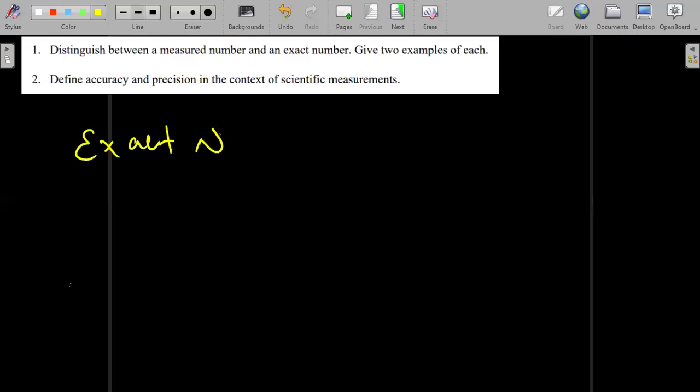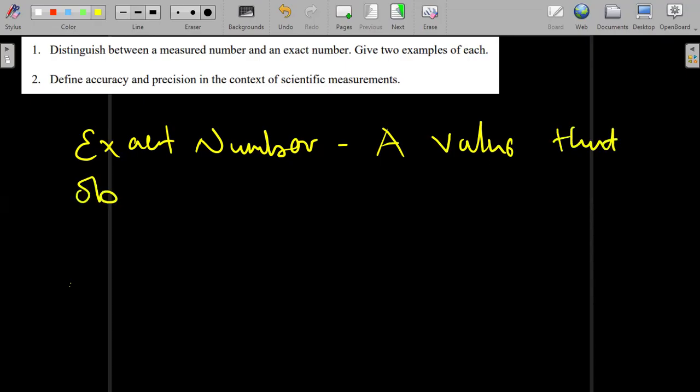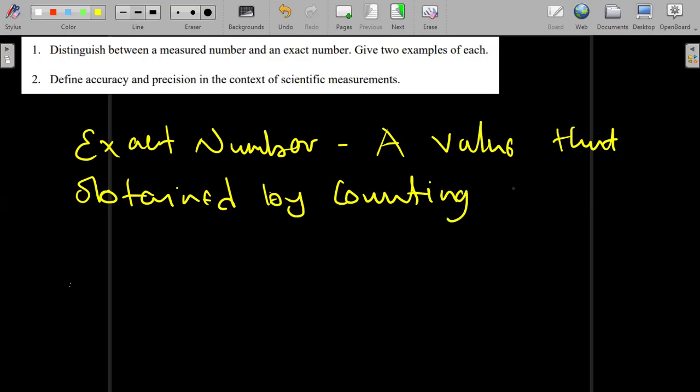An exact number is a value that is obtained by counting, or a value from standard definitions.